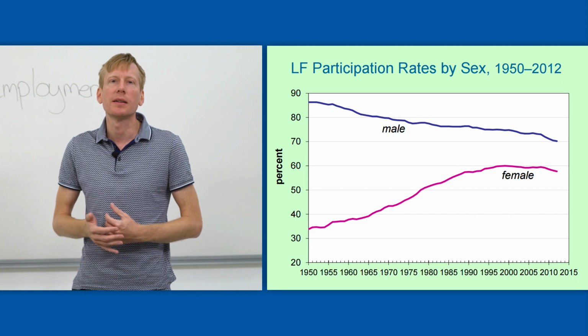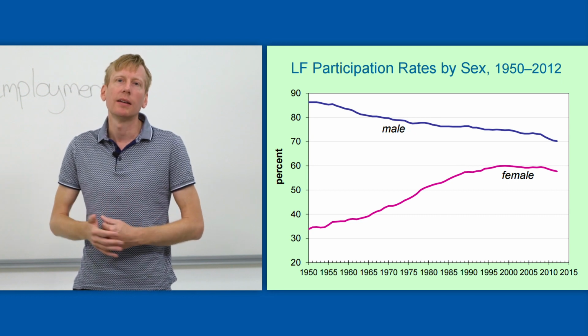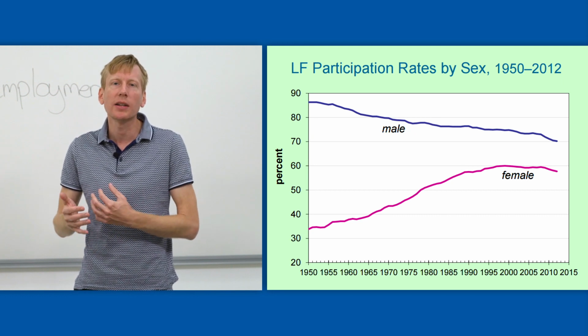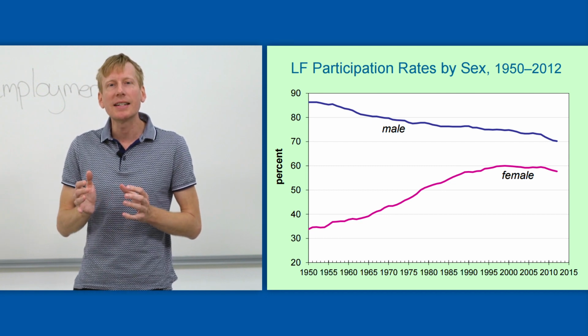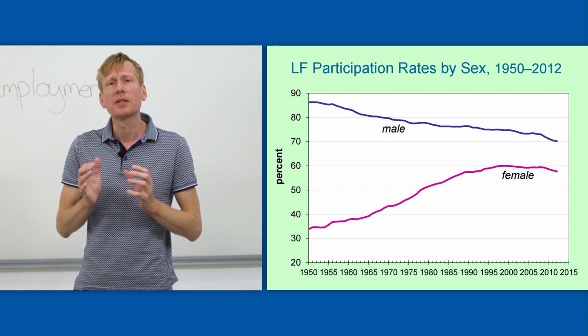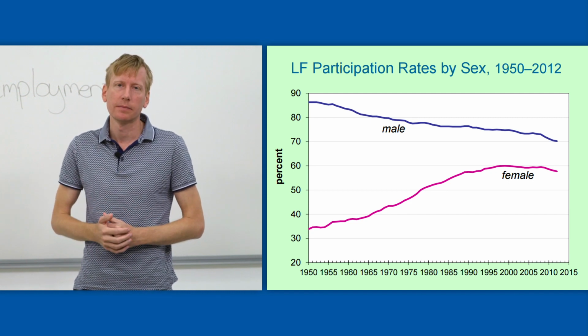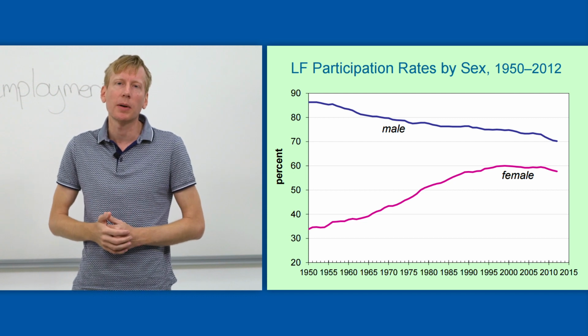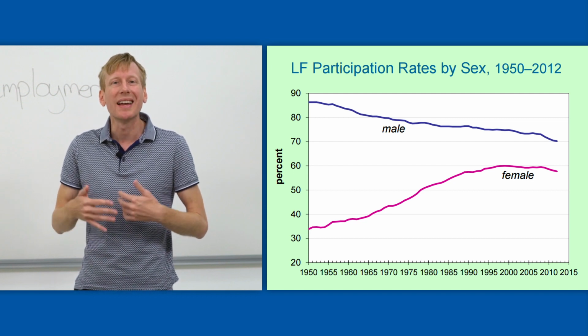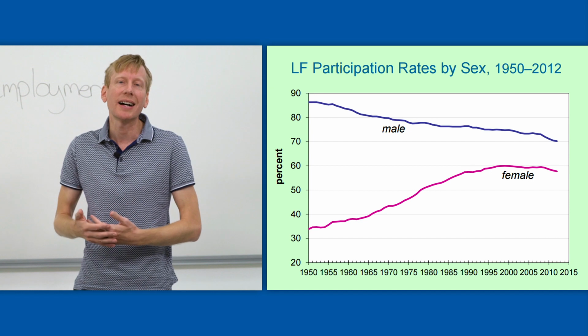Well, it isn't so much because the economy has been weak in the United States or demand for labor has been weak. It's because the labor force in the United States is aging. In 1950, a relatively smaller percentage of the population in the United States was elderly and therefore retired.